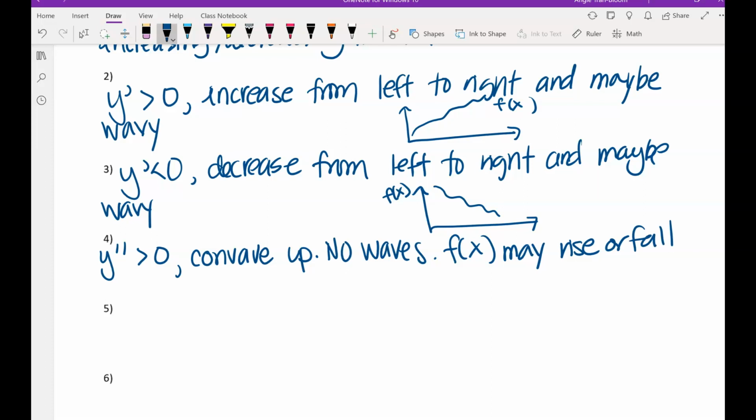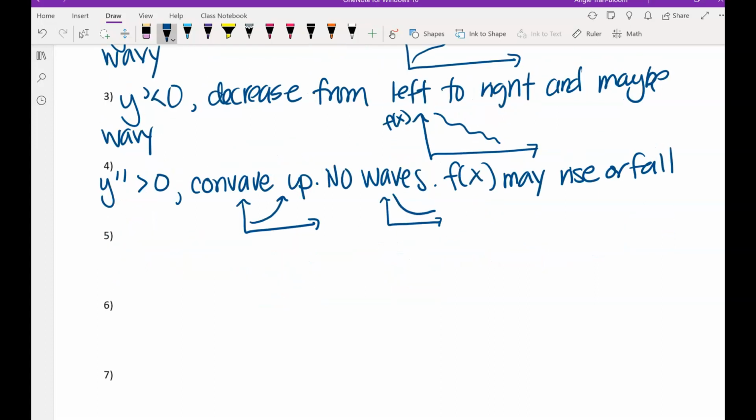What does that mean? So here's an f of x function, concave up. That means it's increasing, as you can see. And then it also has a concave up, but could be a decreasing function.